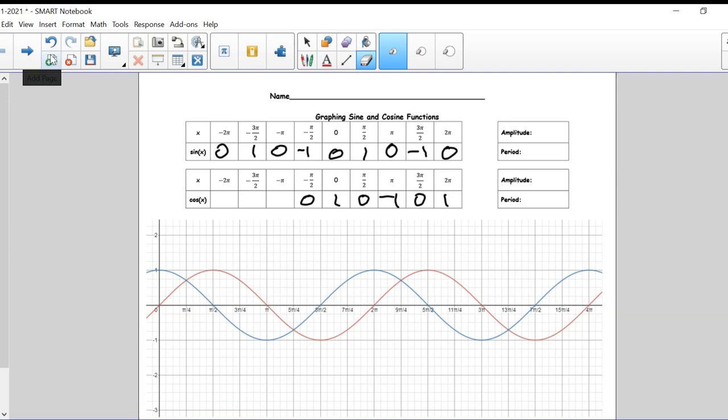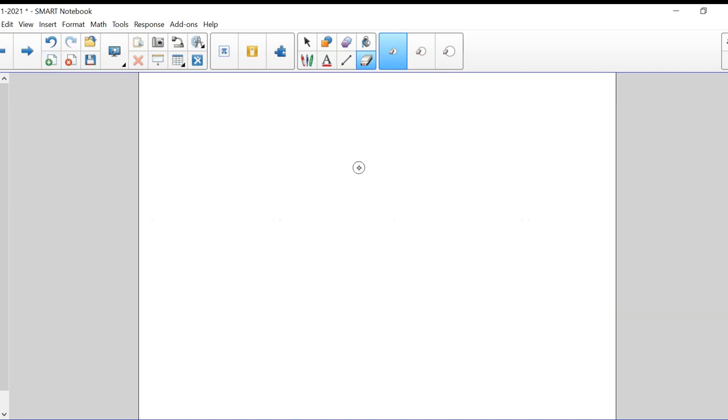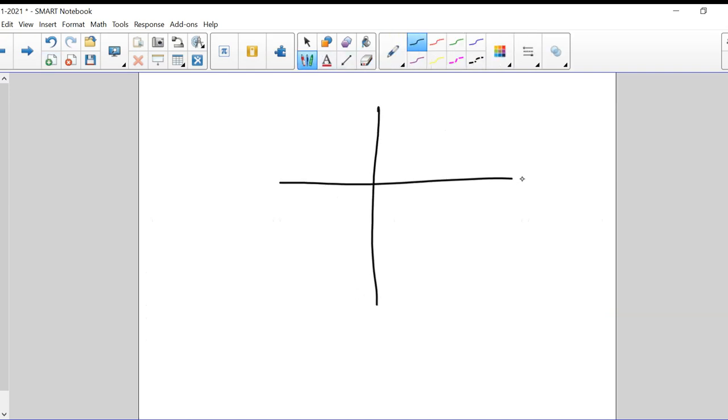If I were to draw, I'm just going to add a page. And hopefully you remember this circle. I put a little rough circle on here. Not a great circle, but it's a circle. And if you started off at 0, then this would be 1, 0 here.